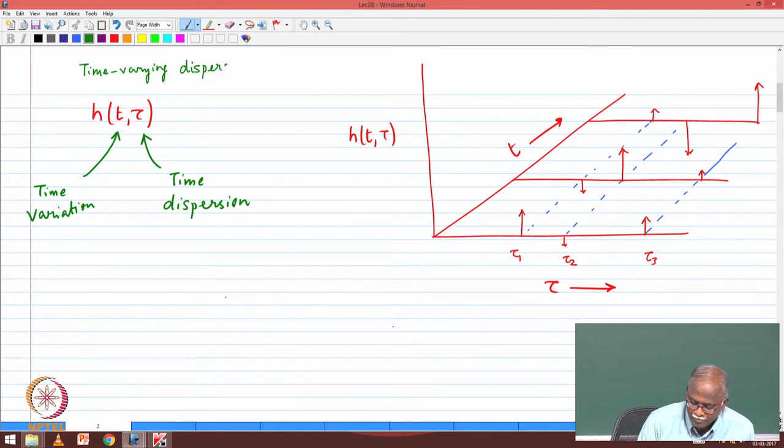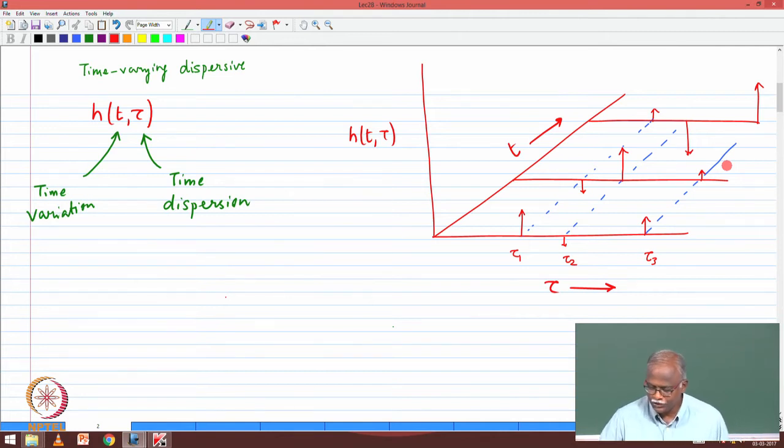Time variation is captured by t, the time dispersion captured by tau, and again the picture on the right hand side is a familiar one. We have used it in two of the earlier lectures just to show that there is a delay dimension, there is a time dimension, how we interpret the time variation, how we interpret correlation, how we interpret the uncorrelatedness between the different delays. All of that is part of our model. Keep this picture in the back of your mind.